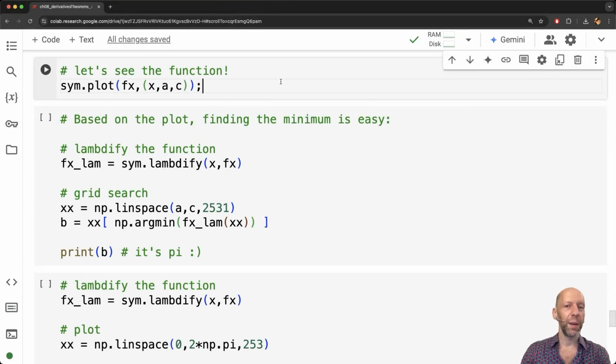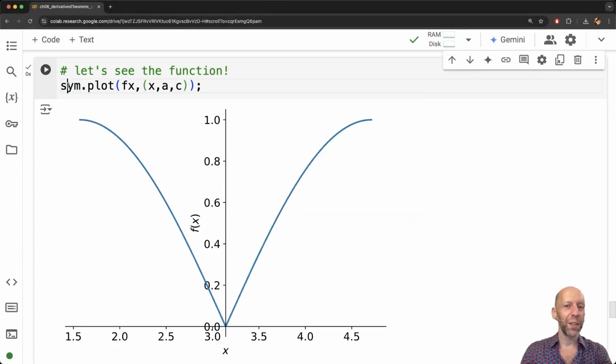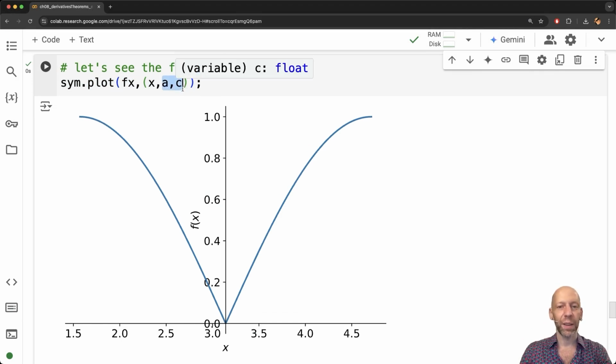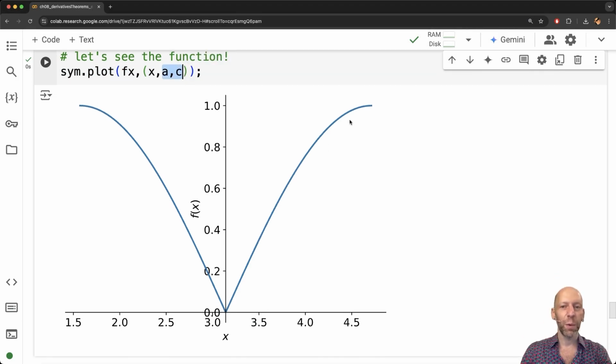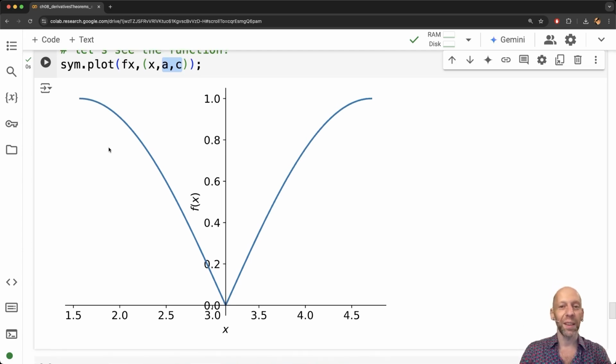Here I'm just making a quick and dirty plot of the function in the bounds that we are given. These are the two interval bounds, and the problem here is to find a point between this value and this value where the derivative equals 0.